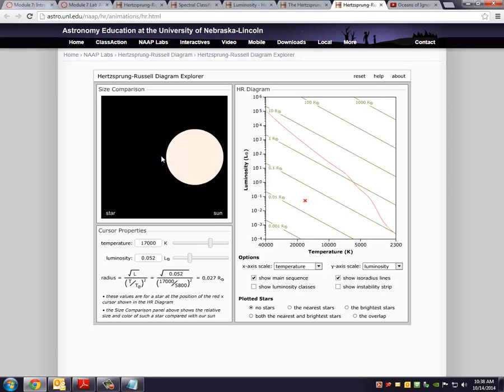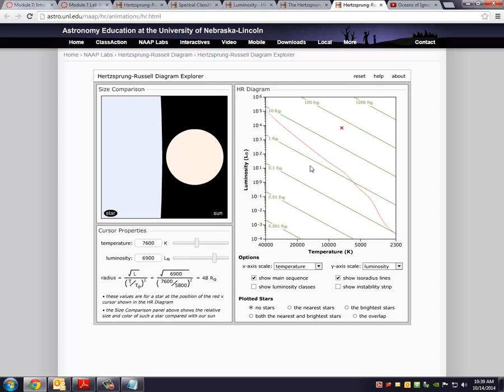Okay, and therefore the size of the star, it's much hotter, but it's less luminous. That tells us it must be much, much smaller. And so notice that it is tiny compared to our sun. That's why the sun is always going to be there on the right to provide you with a way of comparing. And then if you click way up to the top, notice that the fictional star now is huge. It's slightly warmer than our sun, but it's much, much more luminous because mainly of its size.